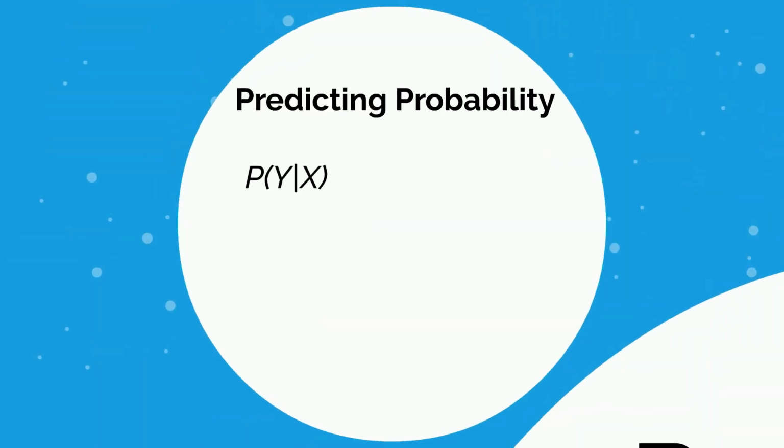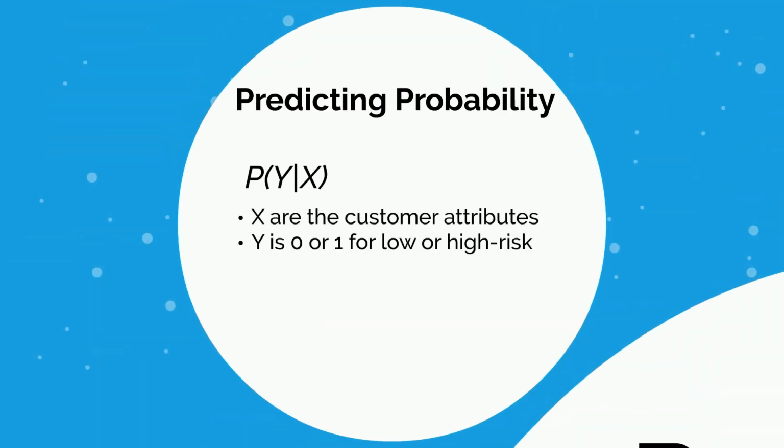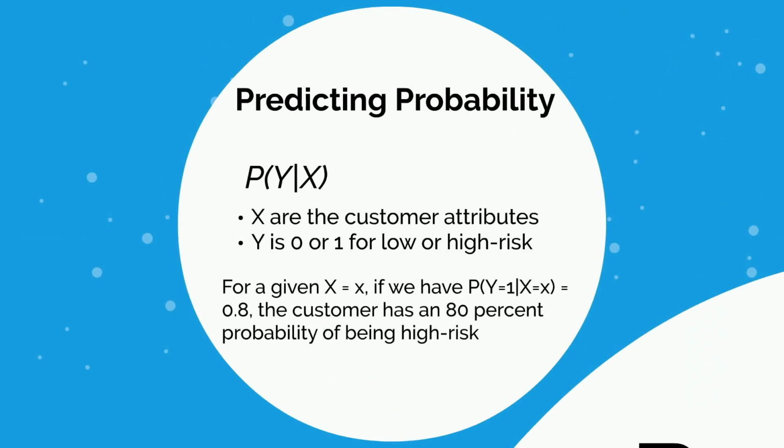In some scenarios, you might want to predict probability. So instead of just an output of high risk or low risk, you'd actually want to develop a probability that they would be high risk. We're going to talk a little bit about this later when we get into probability theory.